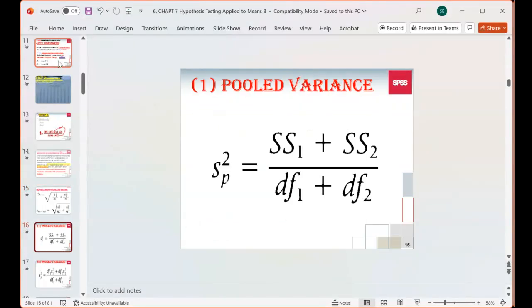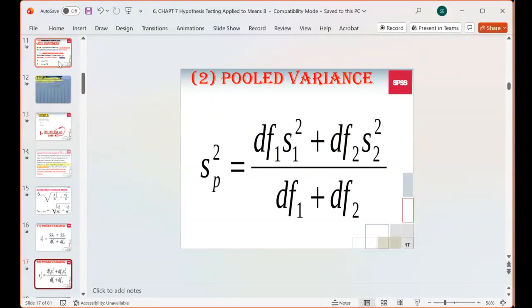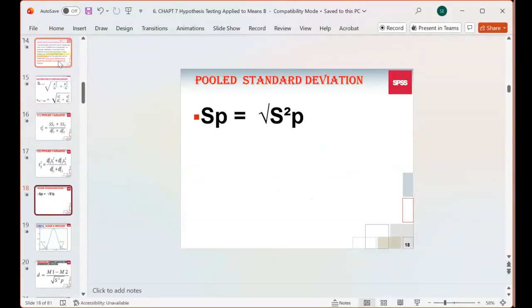There are two ways to write it down, and either way will do. You can use pooled variance, which is this, or this. And the square root of pooled variance on the right is the pooled standard deviation.